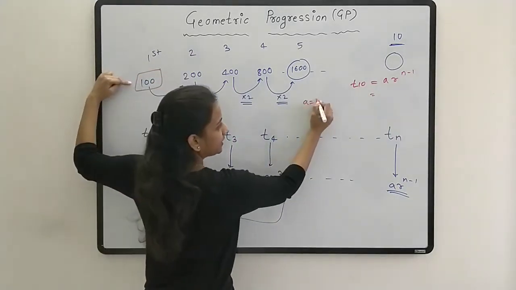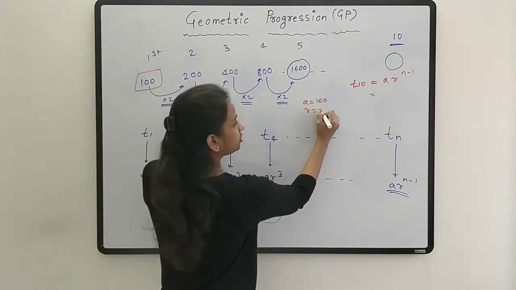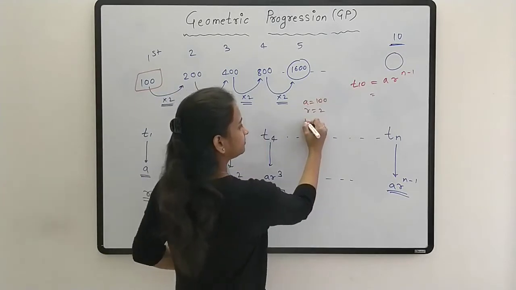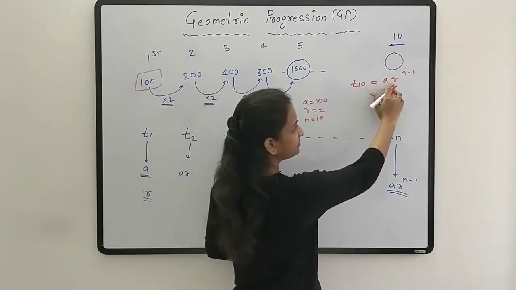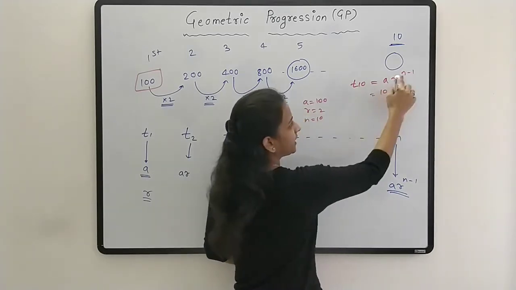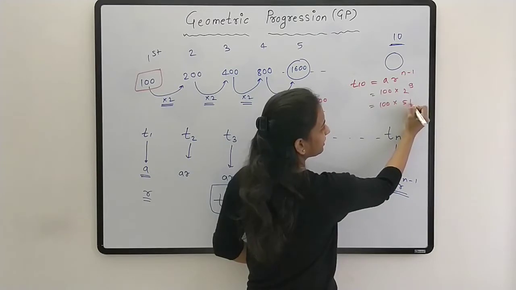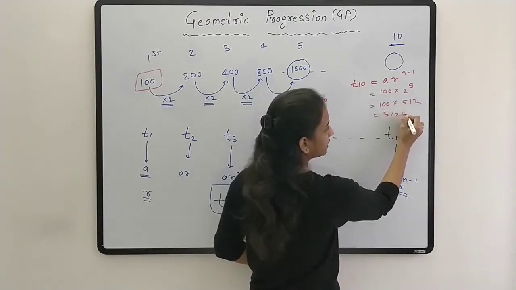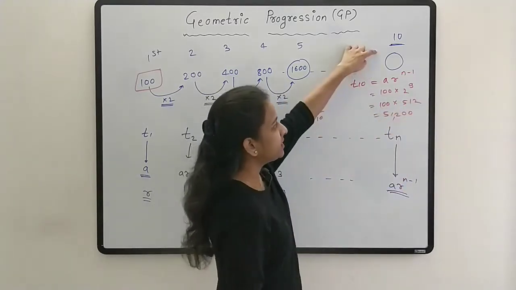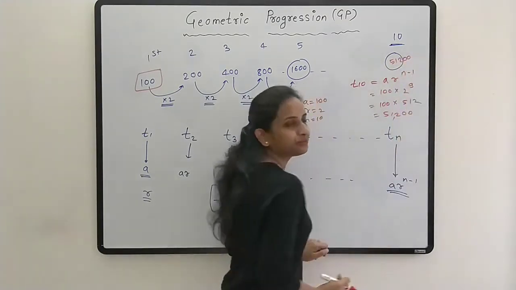So, A is 100. Common ratio is 2. So, R is equal to 2. Here n is 10. By substituting this, we can find the 10th term. So, 100 into 2 power 10 minus 1, 9. 100 into 2 power 9, which is 512, so this is 51200. So, the 10th term of this GP series is 51,200.